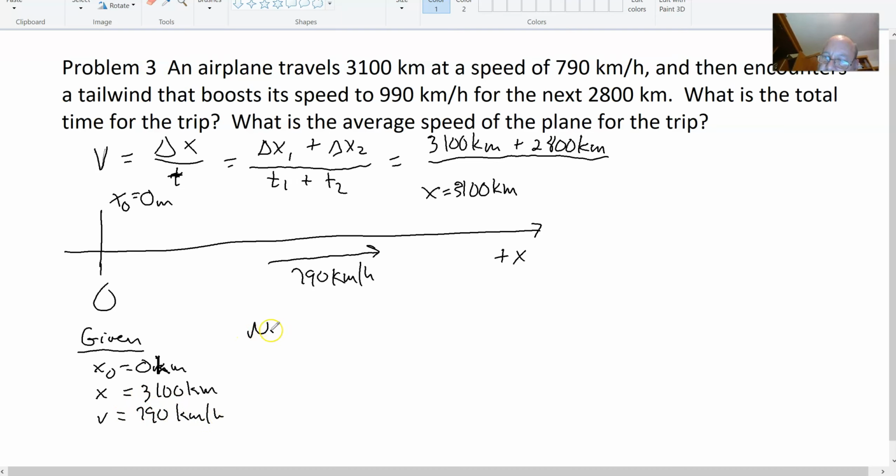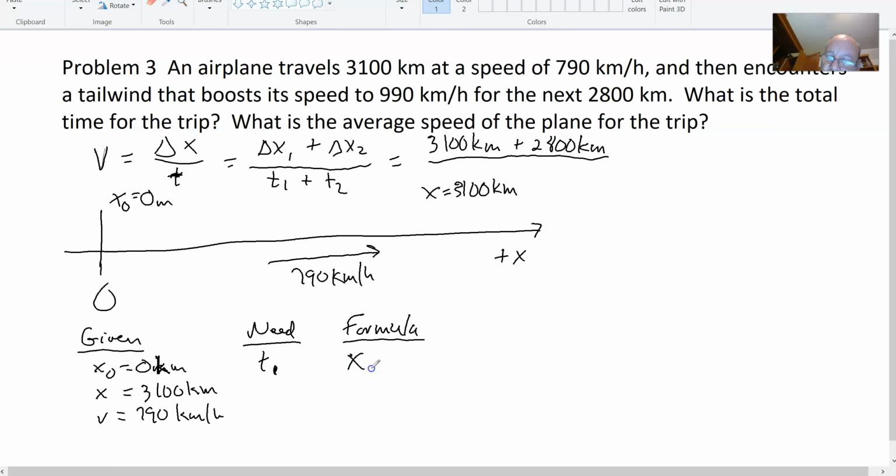And we need, as we've already found out, time 1. We don't have a formula that specifically identifies time, but we do have a velocity formula that has time in it, so we can rearrange the formula to find time.